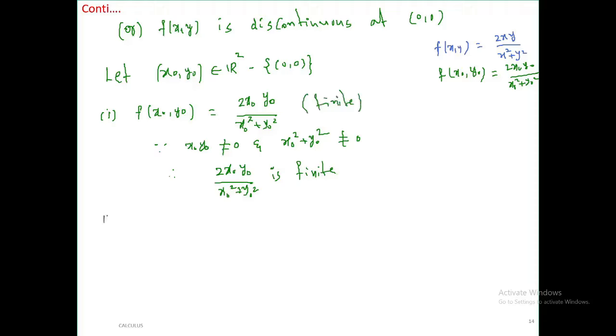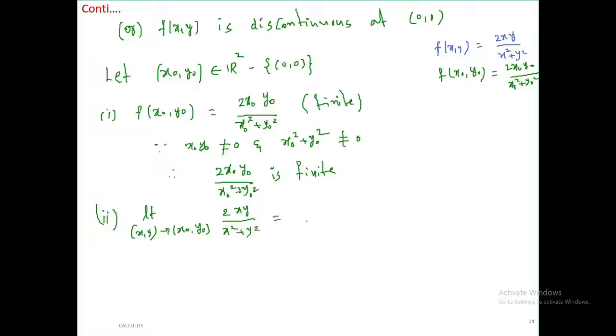Then the second point is I want the limit value, right? So the limit as (x, y) reaches (x naught, y naught) of f(x, y), which is 2xy divided by x square plus y square.